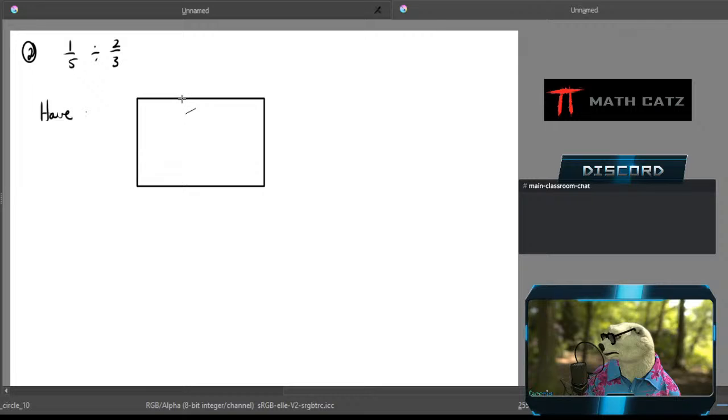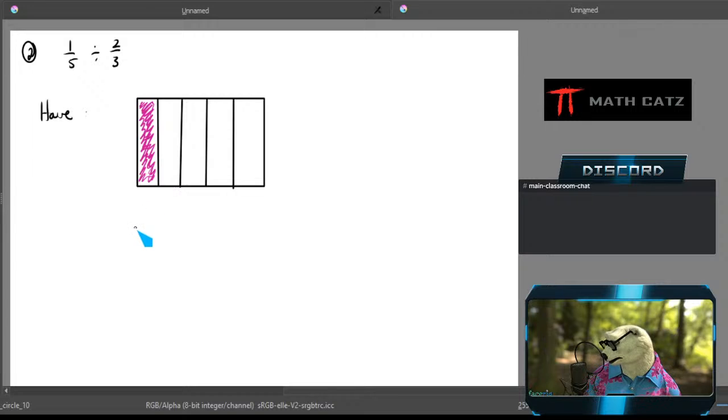Split it up into 5 slices. Sort of equal. I don't think I did a very good job in making them equal. My last ones are always a little bigger. And we only have one of those slices. So sad. Not nothing, but it's not much.